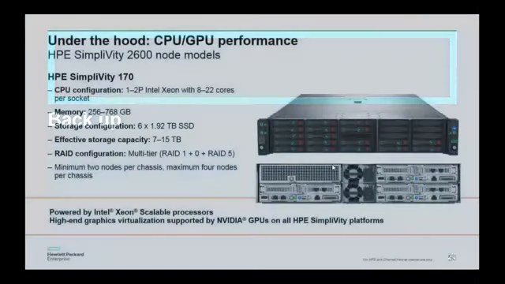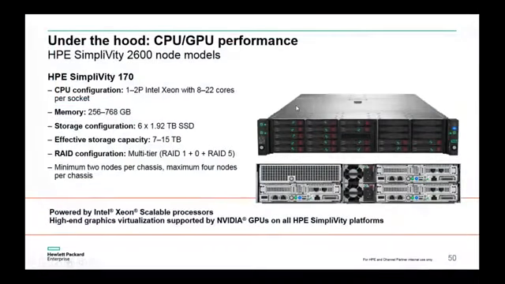So let me show you some more slides for the backup. With performance, you can see CPU and GPU performance. We have HP SimpliVity 2600 node models. The node itself is HP SimpliVity 170.